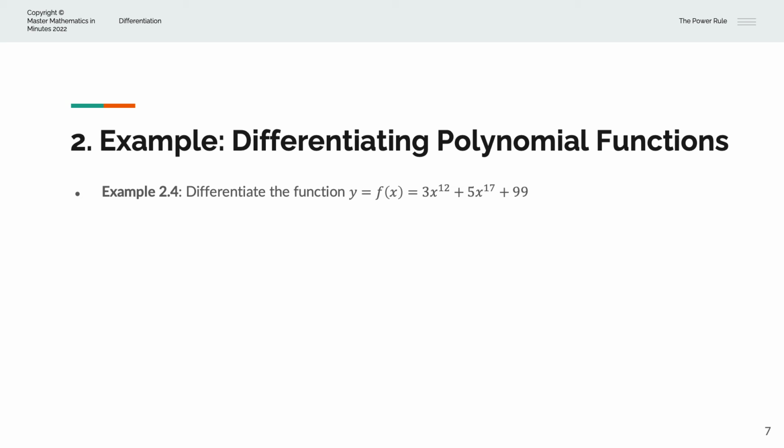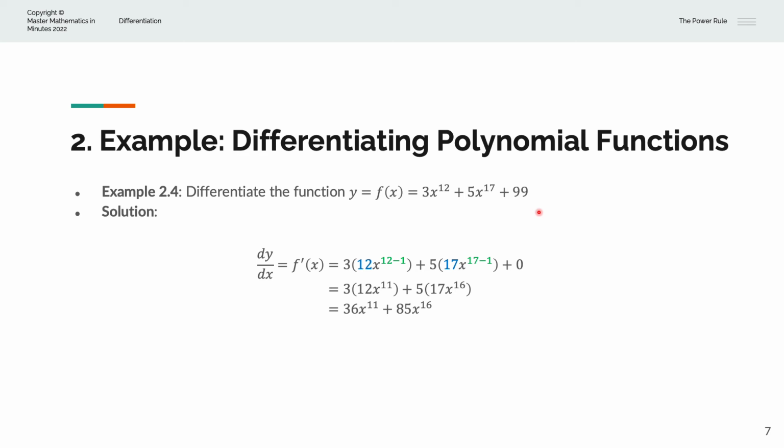In the fourth example, we're asked to differentiate the function y = f(x) = 3 times x to the power of 12 plus 5 times x to the power of 17 plus 99. So we have dy/dx = f'(x) = 3.